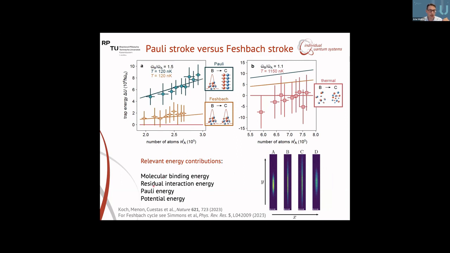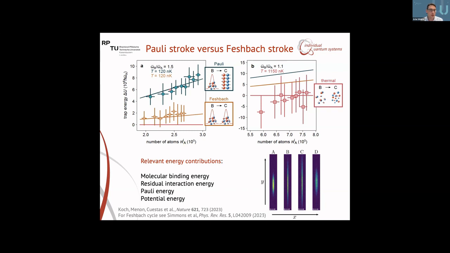There is the molecular binding energy, the residual interaction energy, the Pauli energy that we're interested in, and the potential energy. The nice thing is that deep in the BEC, we can keep track of all of these, and right at resonance, because the system shows universality, we also can keep track of all these individual energy contributions.